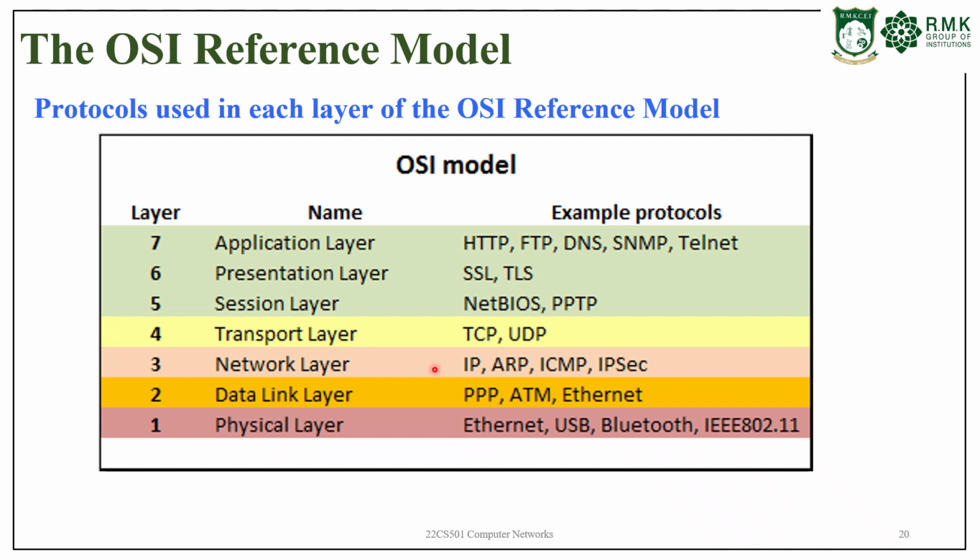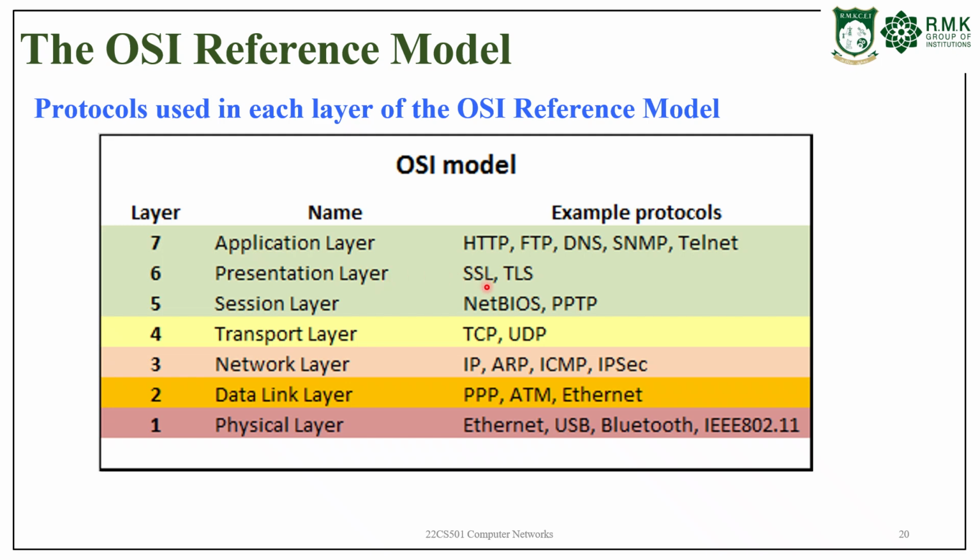In the network layer, you have IP, Internet Protocol, ARP, Address Resolution Protocol, ICMP, Internet Control Message Protocol, and IPsec, Internet Protocol Secured. In the transport layer, you have TCP, Transmission Control Protocol, and UDP, User Datagram Protocol. In the session layer, you have NetBIOS and PPTP, point-to-point tunneling protocol.